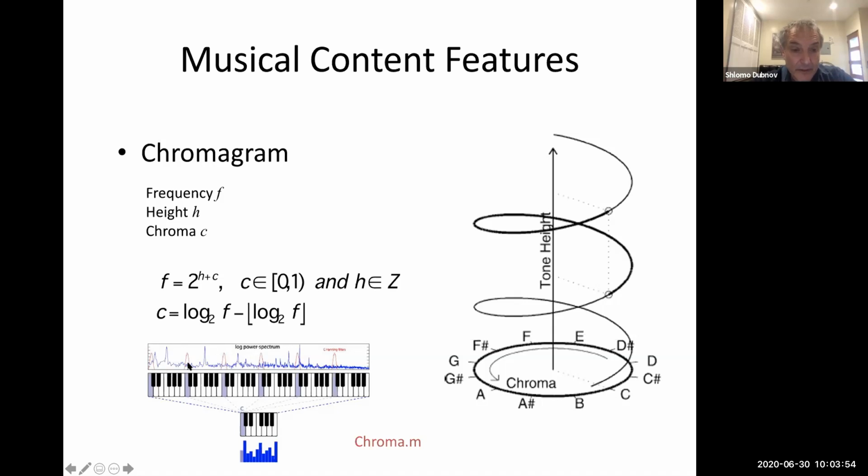We take all the energies in each range of frequencies that corresponds to an octave, and then we add all the energies from the next octave. We add all the energies from the following octave. So in this kind of circular way, we sum all the frequency analysis energies, and we get an overall energy per chroma or per note without the octave.